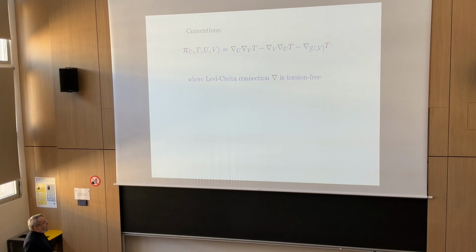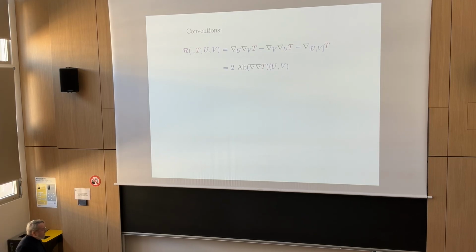And of course, we're using the Levi-Civita connection, which is uniquely defined as a torsion-free connection which is also metric compatible. That's to say the covariant derivative of the metric as a tensor field is 0. And these conditions uniquely characterize the Levi-Civita connection.